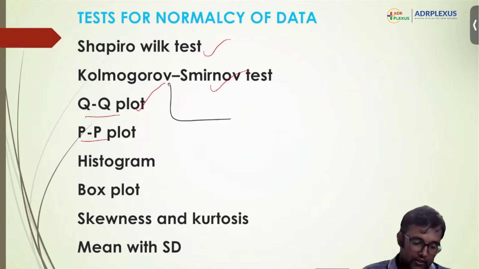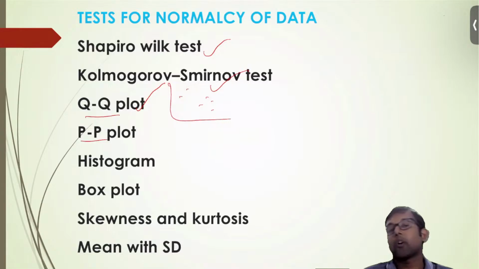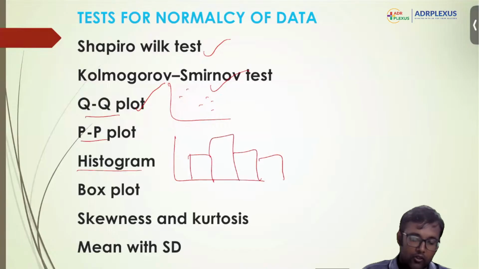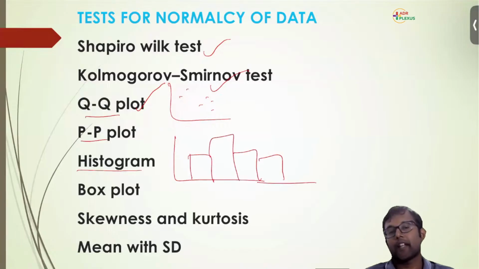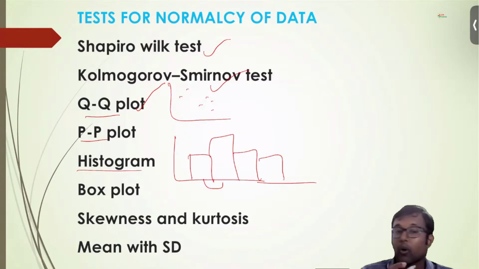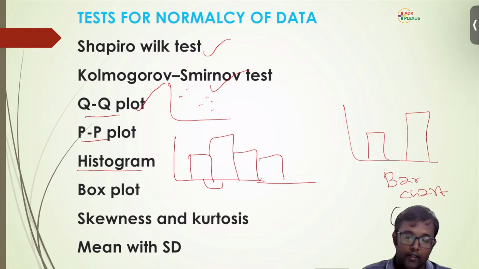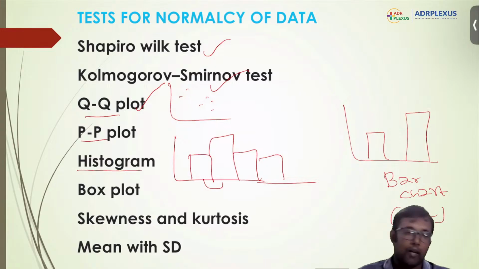Then you all know about the histogram. The histogram can also tell about the normal distribution of the data. In a histogram, there is no gap between the bars. In a bar chart, there is a gap between the bars because it is used for qualitative data. But in a histogram, there is no gap between the bars.